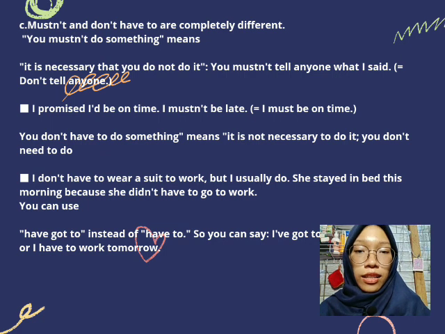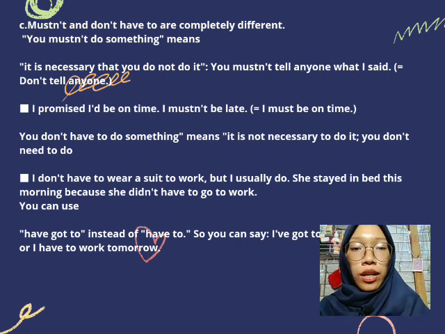Don't have to do something means it is not necessary to do it. You don't need to do. I don't have to wear a suit to work, but I usually do. She stayed in bed this morning because she didn't have to go to work.